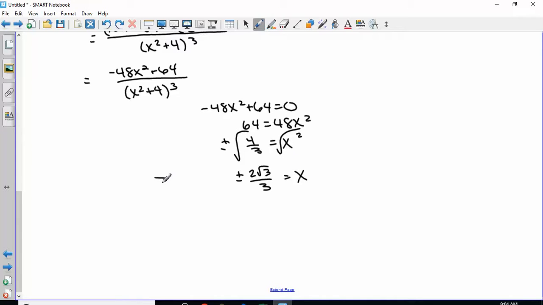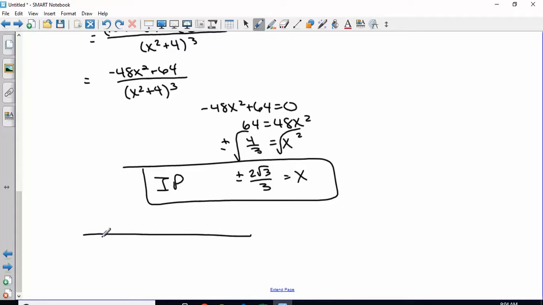We are trying to find our concavity, so we make our sign chart. We have negative 2 radical 3 over 3, and positive 2 radical 3 over 3. Alright, so something in the middle, something bigger, and something smaller.